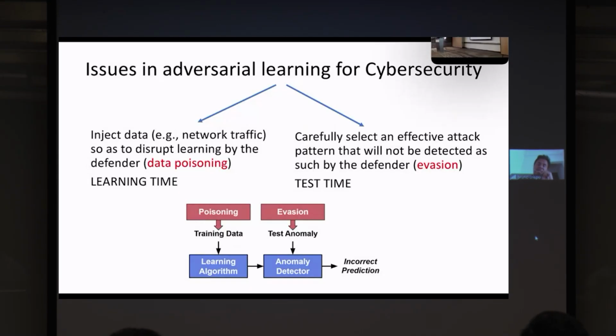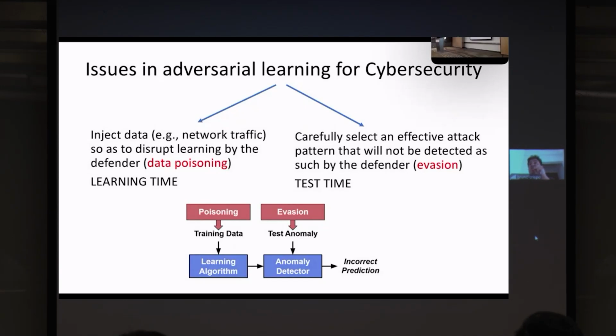The attacks that try to attack the classifier at learning time, where the attacker tries to manipulate the training data. These are called data poisoning. So the attacker tries to inject or disrupt the learning of the classifier.